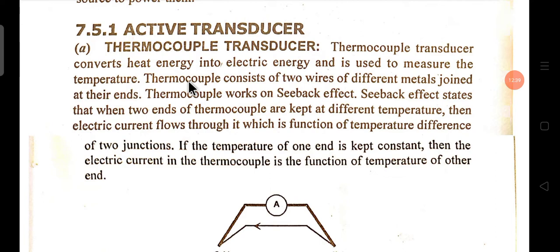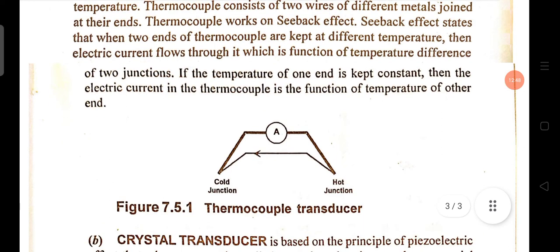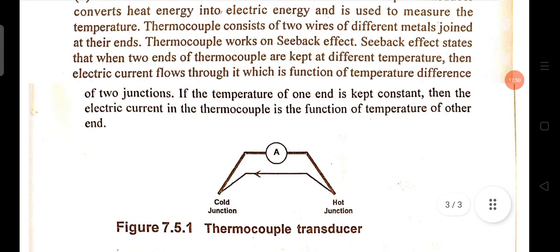A thermocouple consists of two wires of different metals joined at their ends. This is one metal and this is the other metal. Then the thermocouple works on the Seebeck effect.